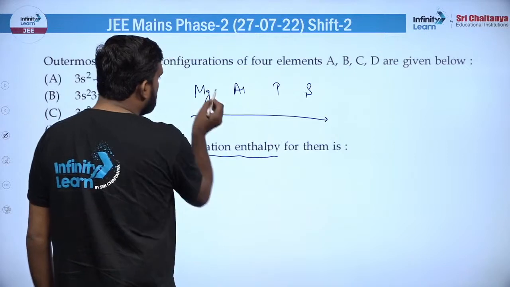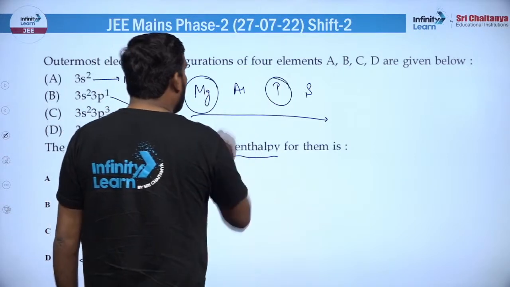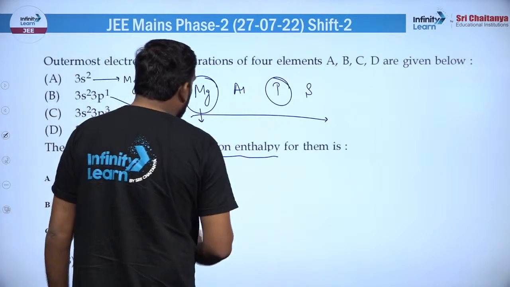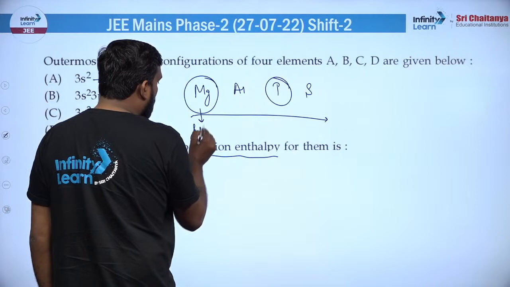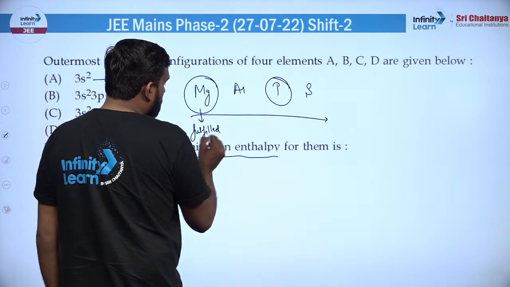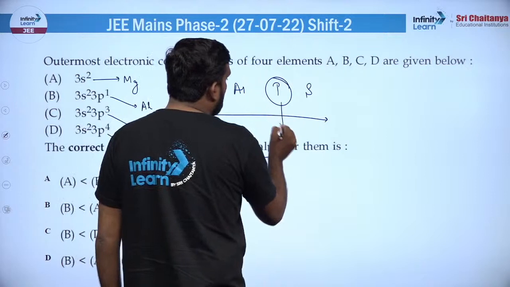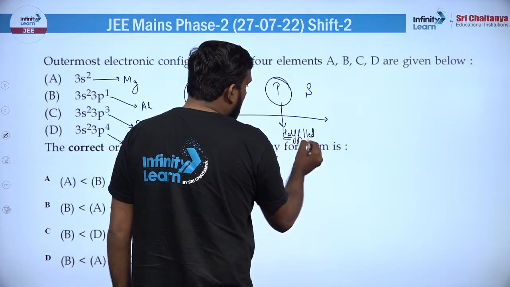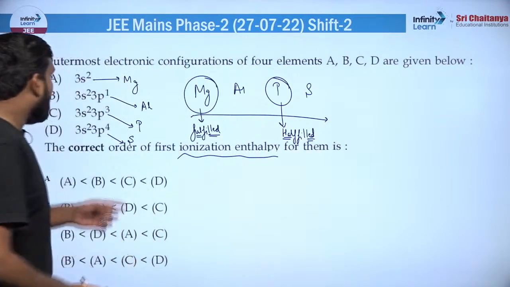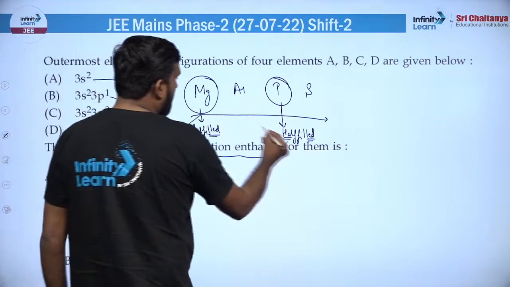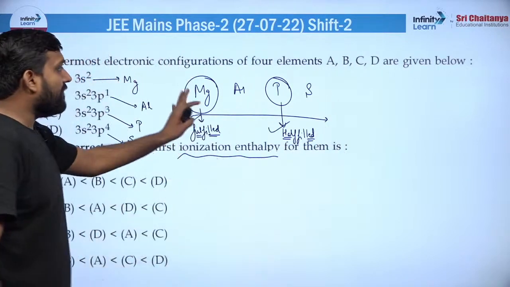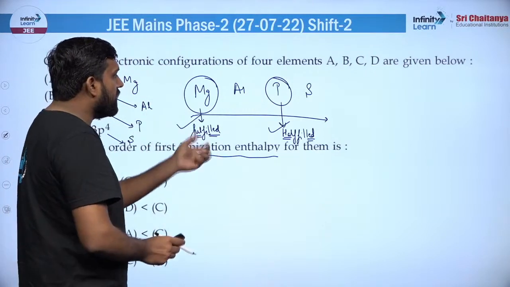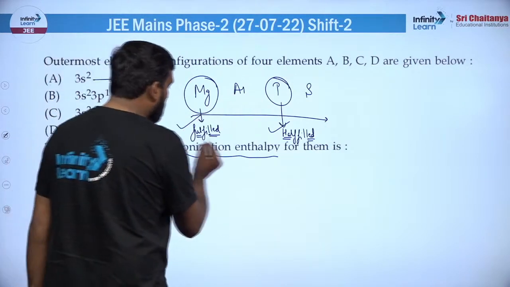But the problem here is that Mg and phosphorus have a different type of electronic configuration. Mg has a fully filled outer configuration, and phosphorus has a half-filled one. Fully filled and half-filled orbitals have extra stability, so you have to apply extra force to remove the electron, and that increases the ionization energy.